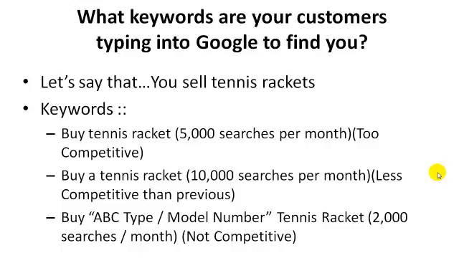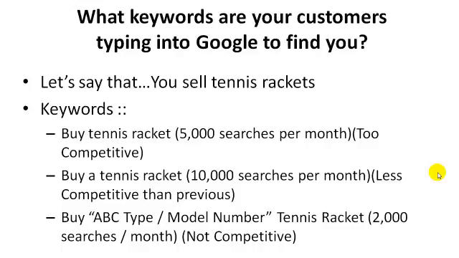Now, going back to this example here, if I'm selling a certain model number and a certain type of tennis rackets, then it would make more sense for me to go after a keyword that says buy ABC type or some sort of model number tennis racket. Let's say I do some keyword research, but it only shows that 2,000 potential customers are searching each and every month.